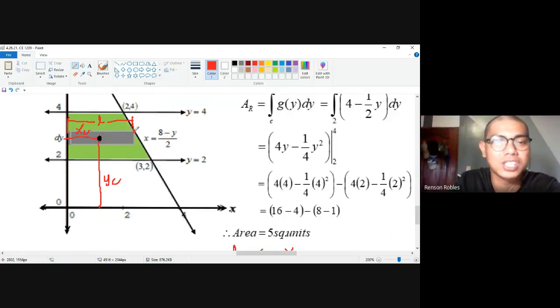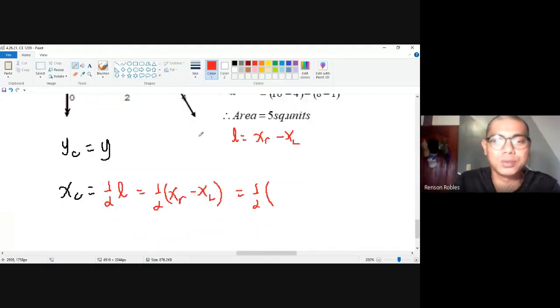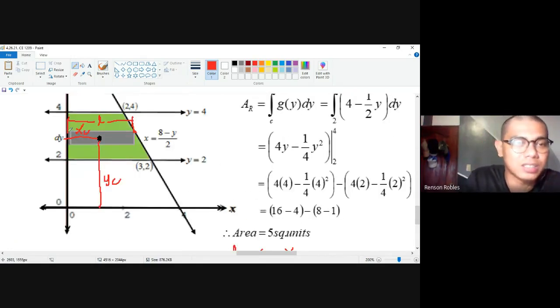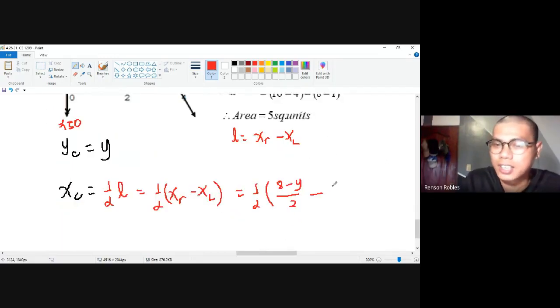Eh, ano yung x right? This is touched by x equals 8 minus y over 2. So kalahati po ng 8 minus y all over 2 minus x left. And it's now touched at this point by the line x equals 0, so minus 0.